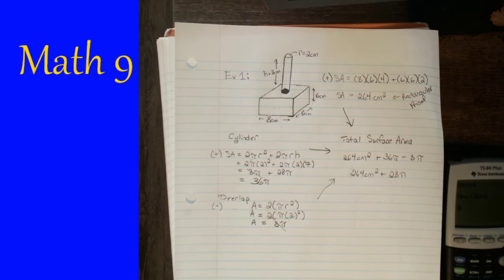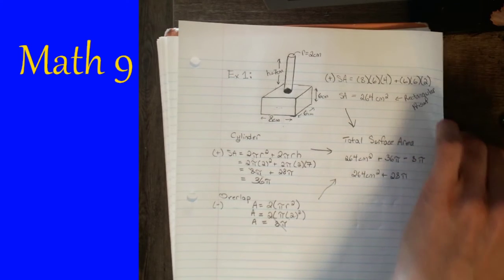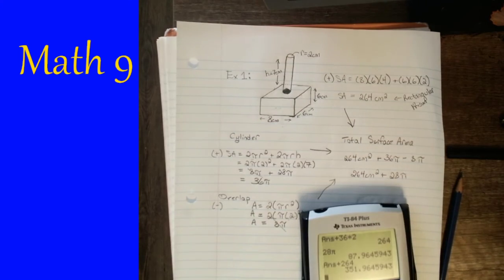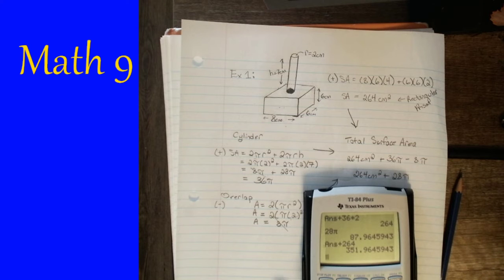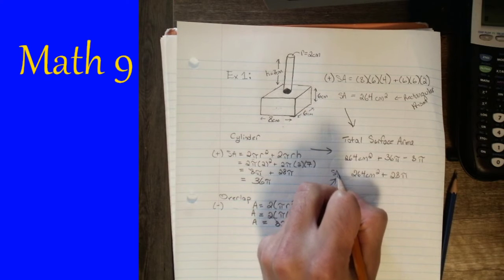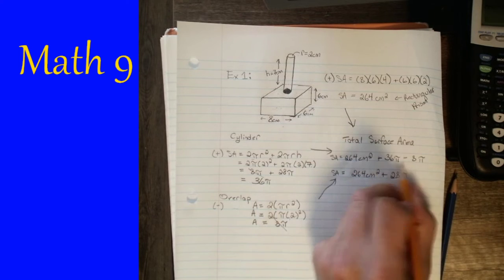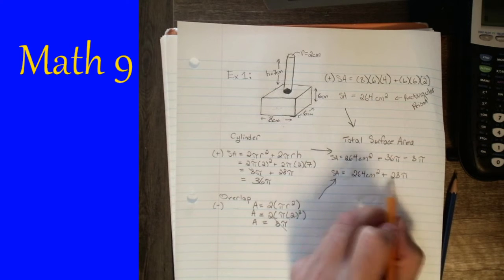And now finally, I'll figure this out. 28 pi, add it to 264, just so you can see. You get around 351.96. So this is usually how I claim my surface area. So surface area is equal to all of this. That boils down to here.